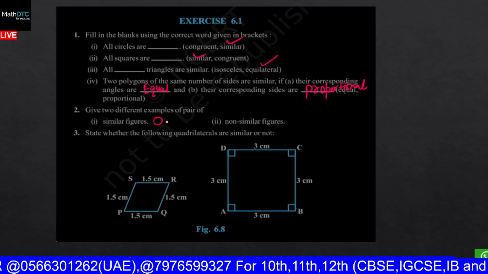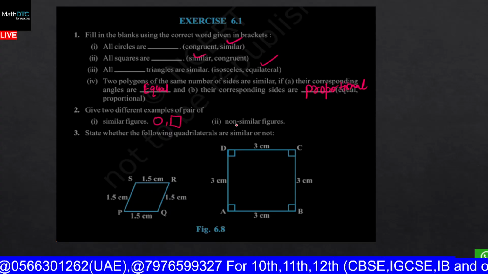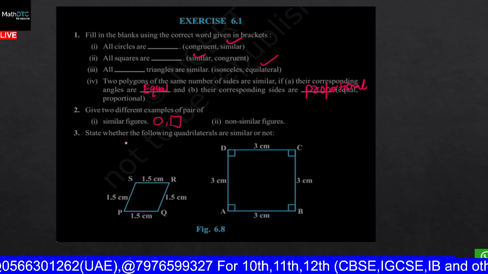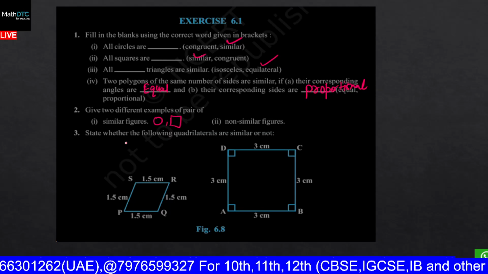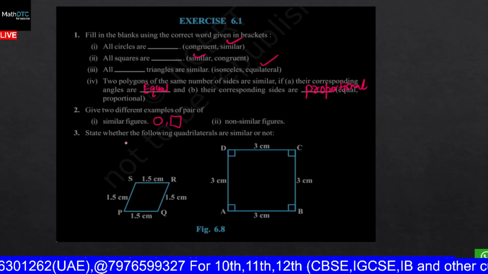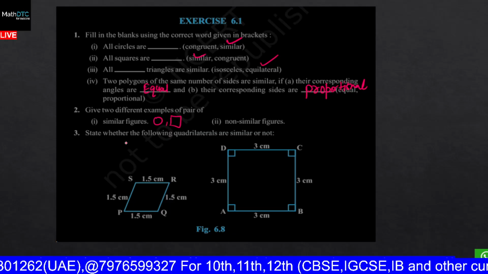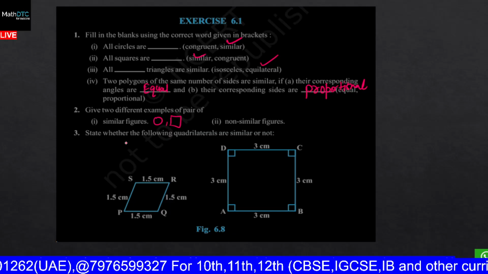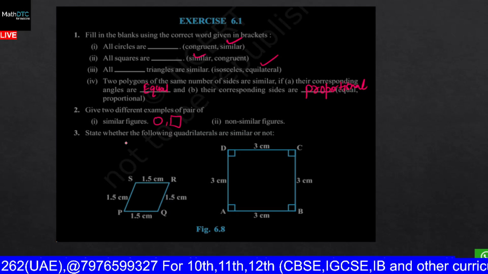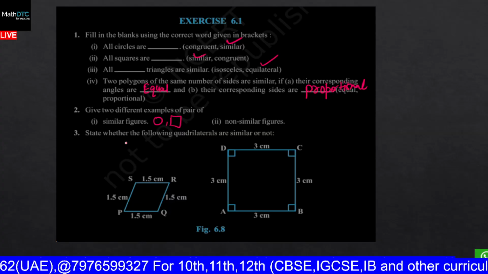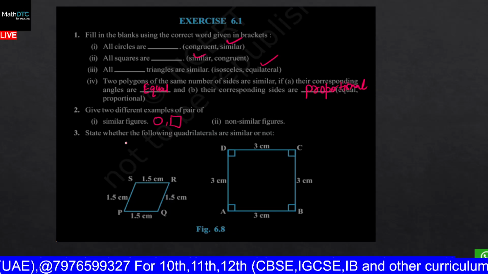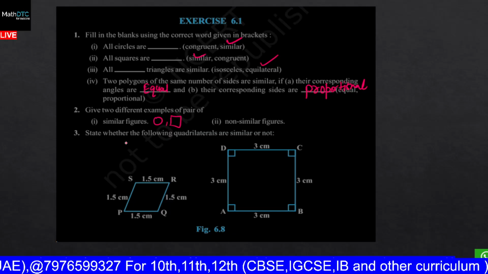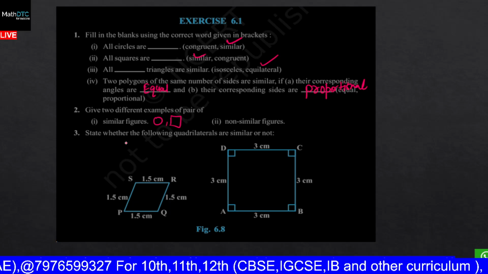Now, can you give examples of non-similar figures? Different types of triangles, and quadrilaterals. Not parallelograms, we can say quadrilaterals, which will be better to describe.